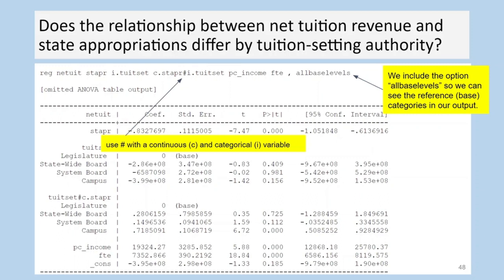As state appropriations increase, net tuition goes down a little because universities don't necessarily need to raise it. But if they're governed at the campus level, you see much less of a decrease when you consider the combination of legislative governance and state appropriations. That's a good way of looking at it. Yes, the slope becomes less negative. Right, exactly, it raises.